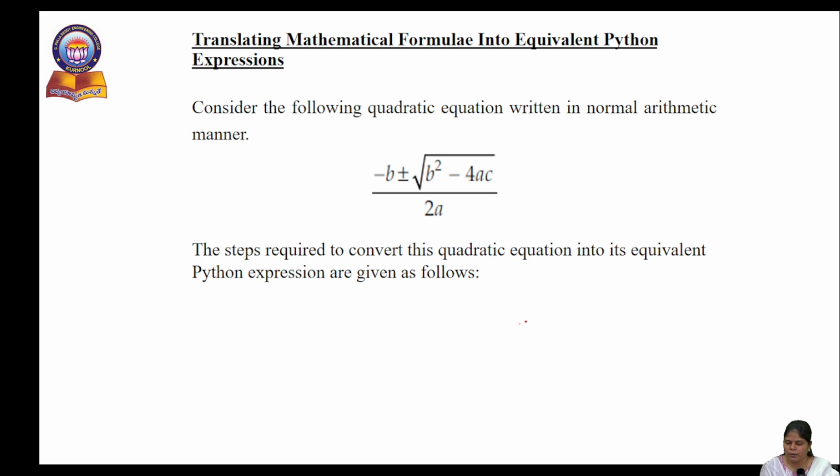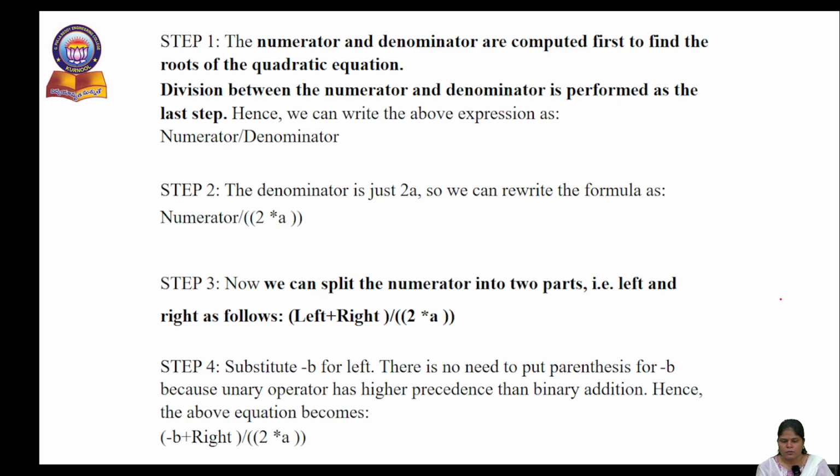One root is minus b plus root of b square minus 4ac by 2a. Another root is minus b minus root of b square minus 4ac by 2a. These are the two roots.